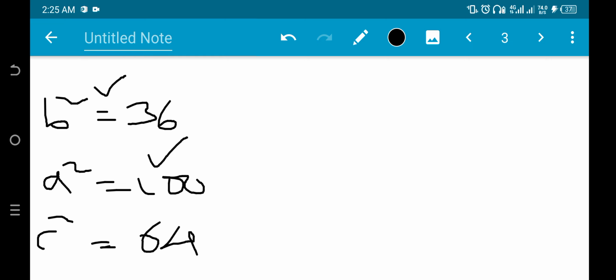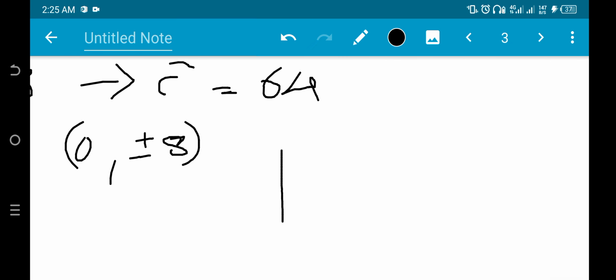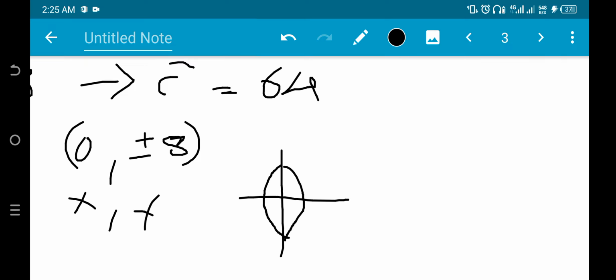What were the coordinates for the focus? The coordinates for the focus were (0, ±8). So we know that the focus is always along the major axis. So now this is x, y. So it means our ellipse was like this, since we know that the focus will be here and here.